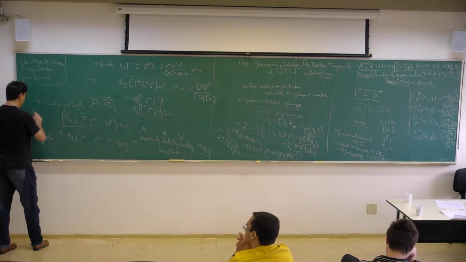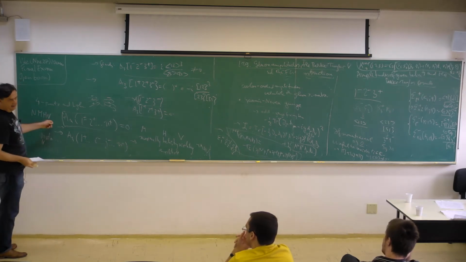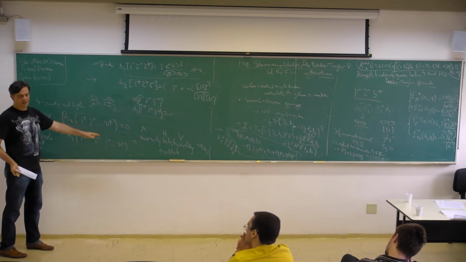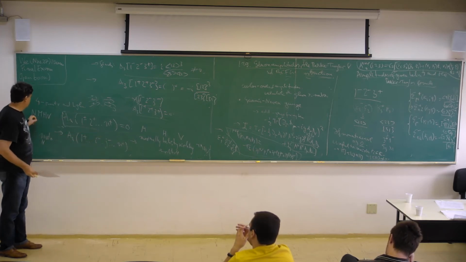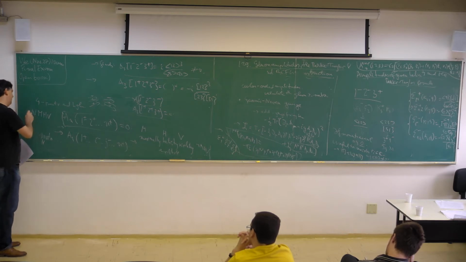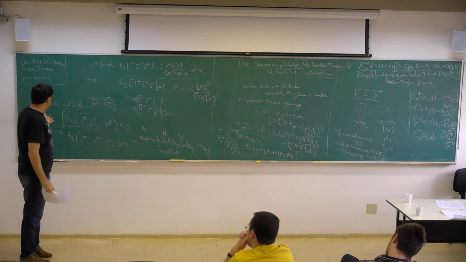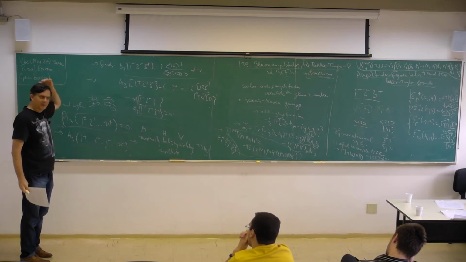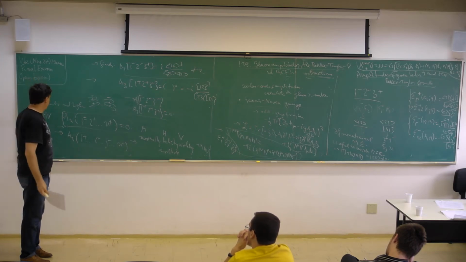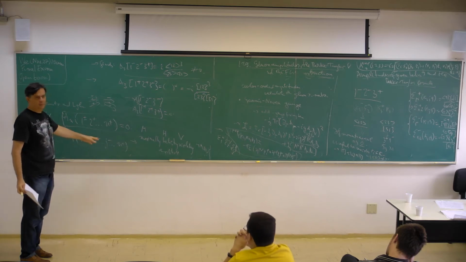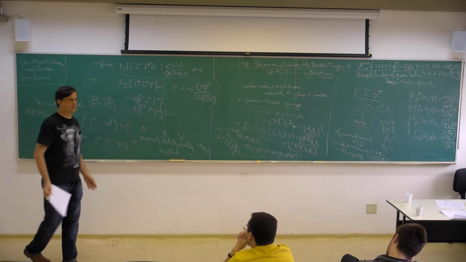So if I have NMHV, next to maximally helicity violating, means I have 3 minuses and the rest pluses, right? And then I can put an n, have 4, and so on. This, of course, is only useful if I'm talking about very large n, right? Because for the 4 points, MHV already is 2 pluses, 2 minuses, right?